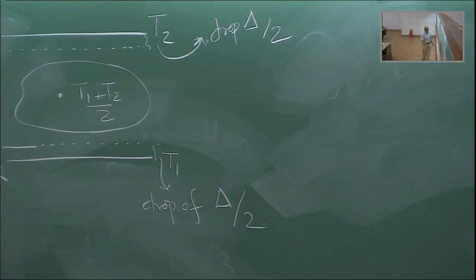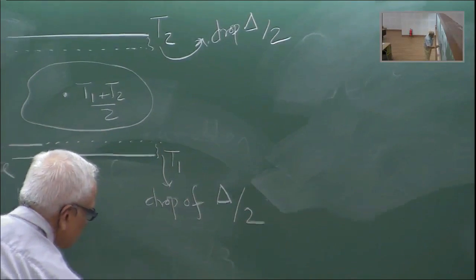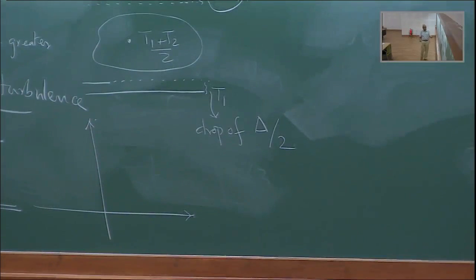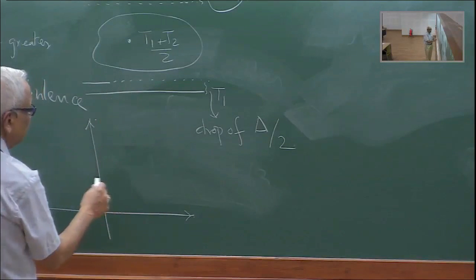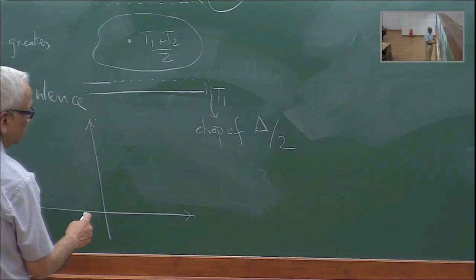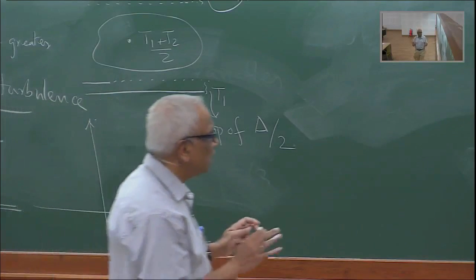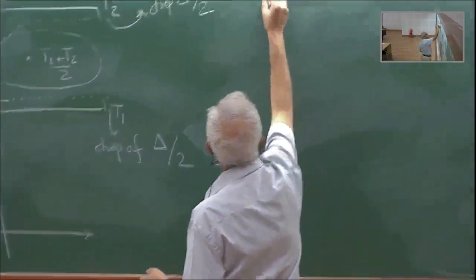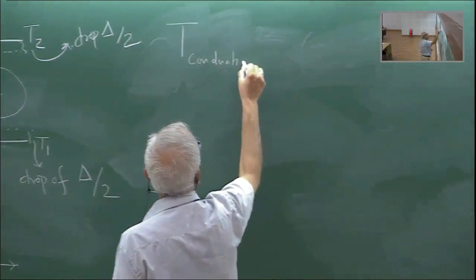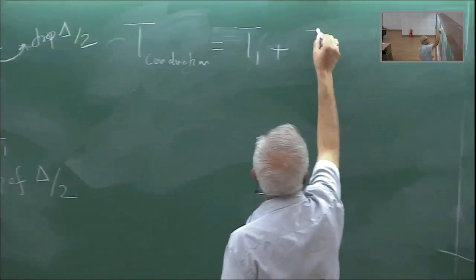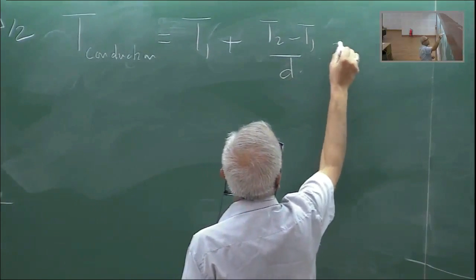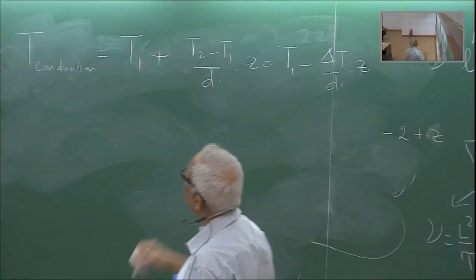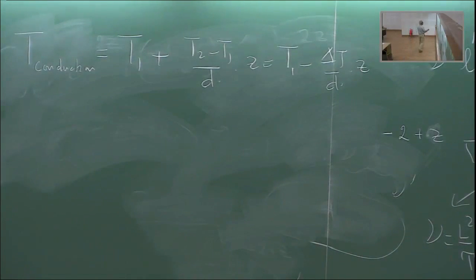In between, it's not exactly T1 plus T2 by 2, but what is more correct is this: if there is only conduction, the profile is T1 minus delta T over D times Z. So that is the conduction state profile, where there is no motion, nothing at all.